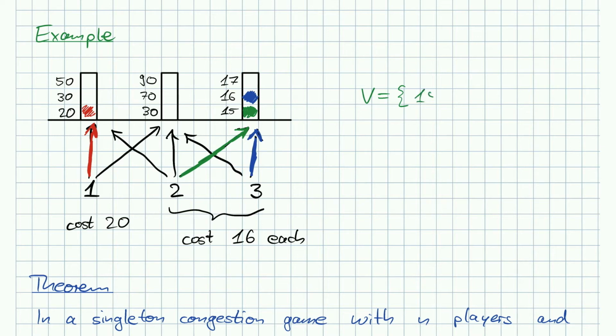So this would be 15, 16, 17, 20, 30, which we have twice actually, 50, 70, and 90. So these are all the delay values that we see here.